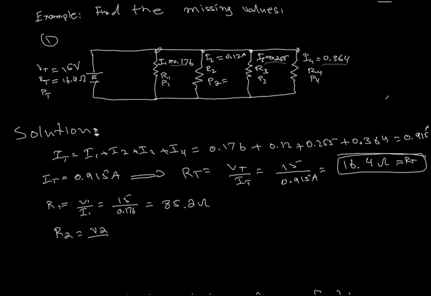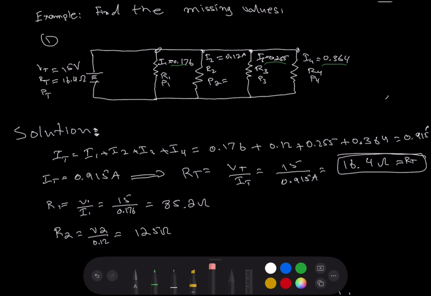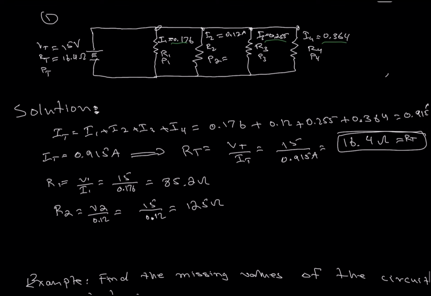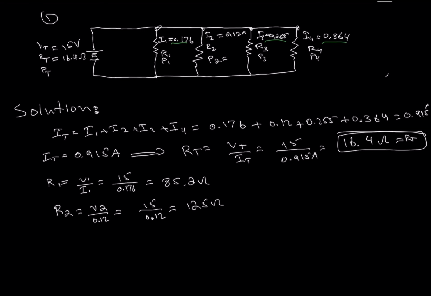R2 will be V2 over I2, which is 0.12. It will be 15 divided by 0.12, which gives me 125 ohms. Let me write down the values first before we get confused. Now R3 and R4 we will find as follows.